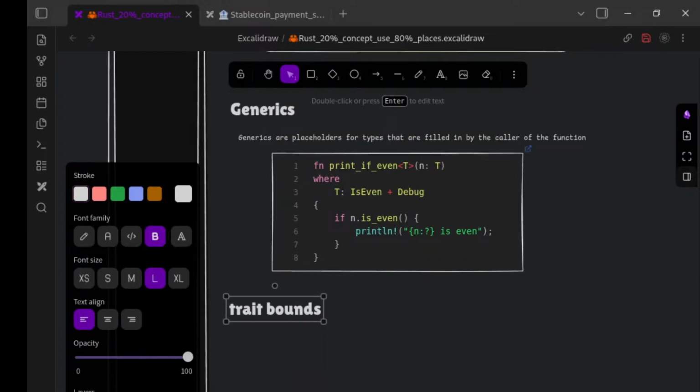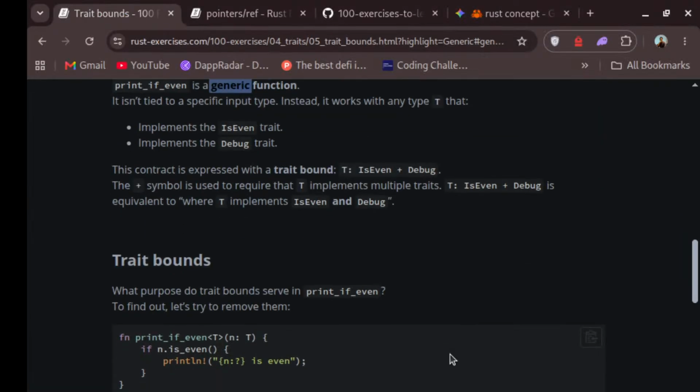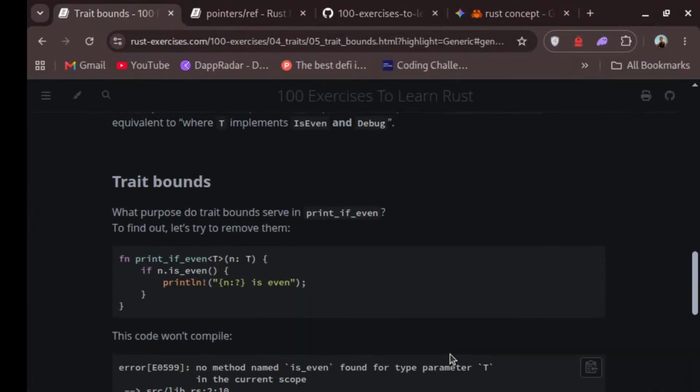Trait bound. What purpose do trait bounds serve in print_if_even? So why do we need trait bounds?